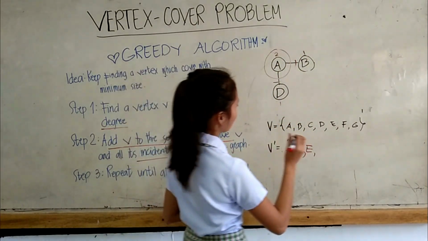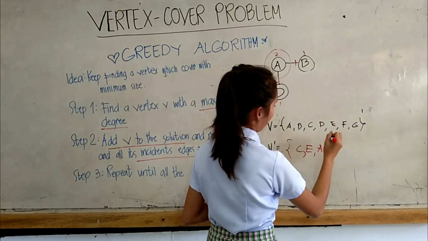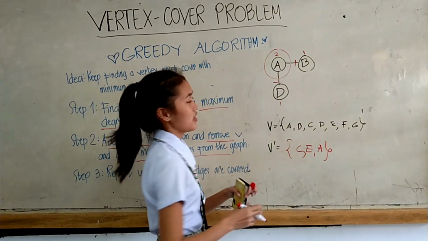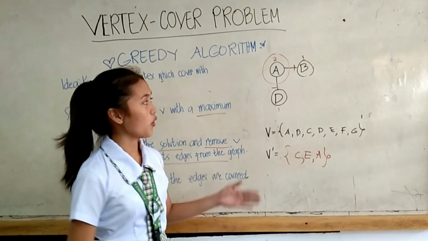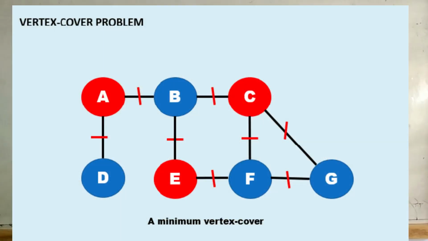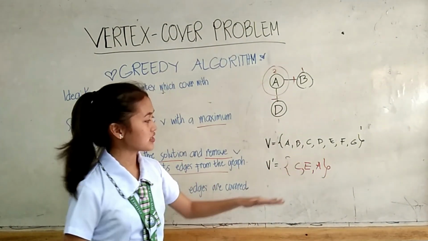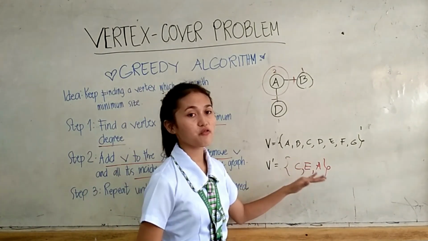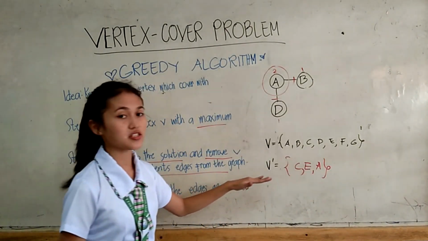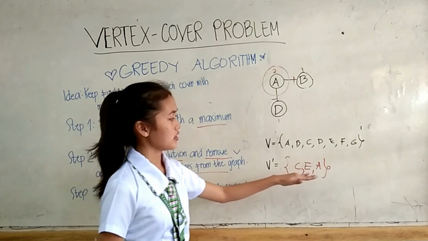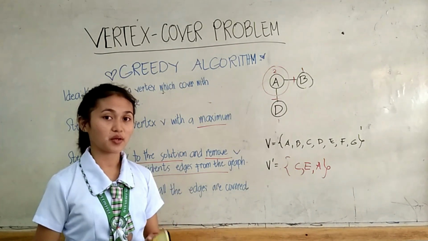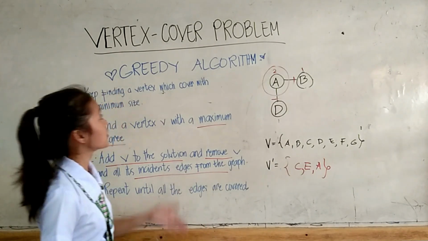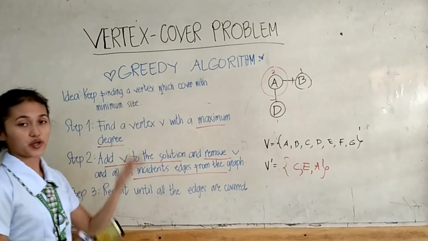We put vertex A in the solution and then remove A from this graph. As you can see, all the edges of this graph have been covered. So this is our minimum vertex cover. It consists of vertices C, E, and A, with a minimum size of 3. That's how the greedy algorithm works.